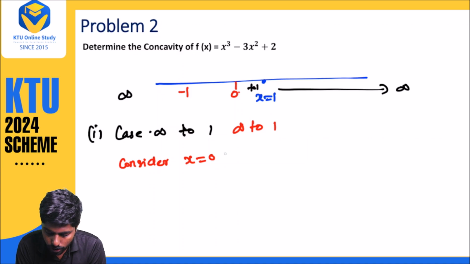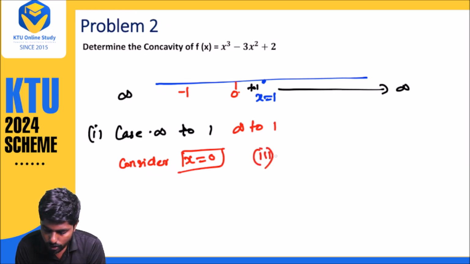So I am taking two conditions: one is x equal to 0, and another is x equal to minus 1. Let us see what happens.